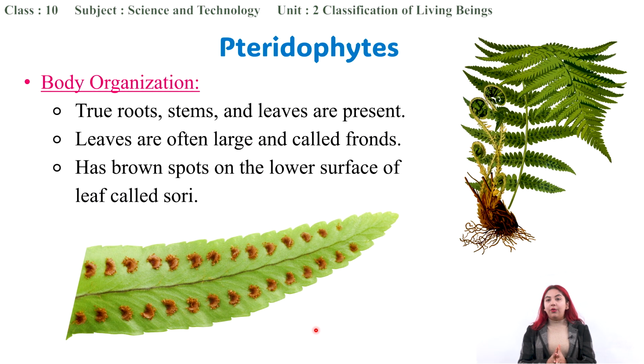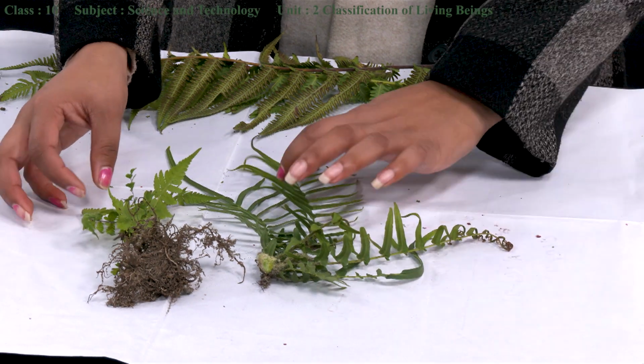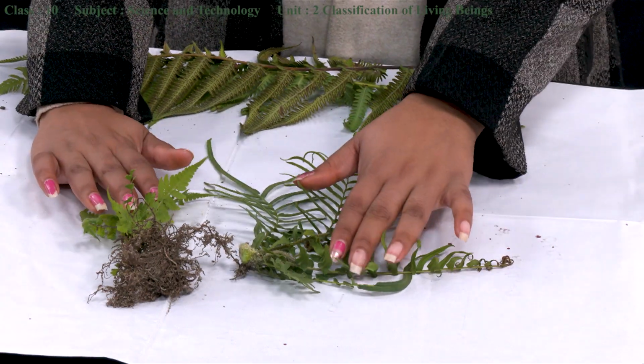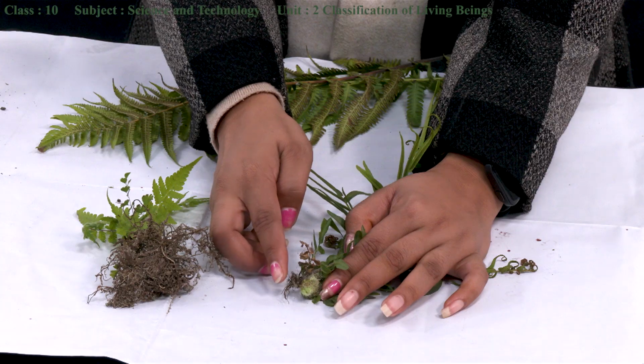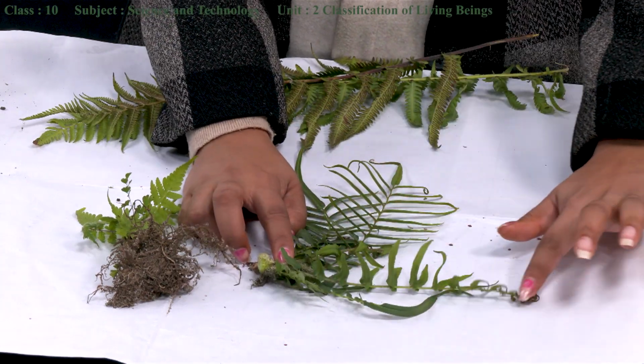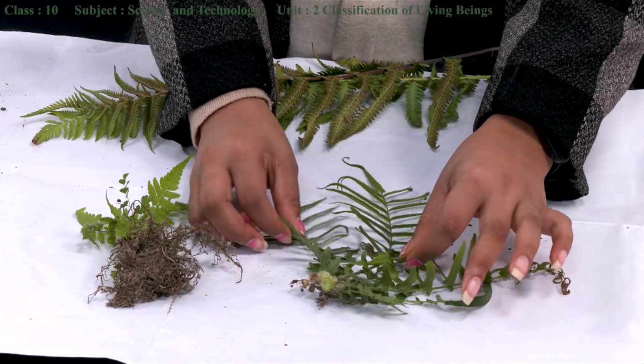Now let us study about the organization of the body of this plant. Now as I mentioned, they have true root, stems and leaves. You can see here I have two different species of fern with me, and you can see that they have true roots, they have stem and they have leaves.